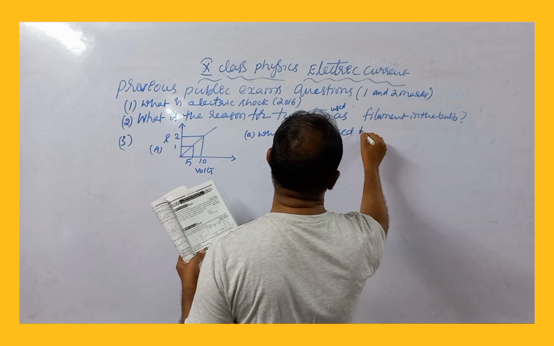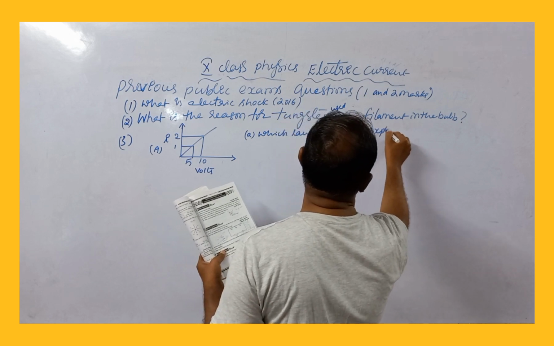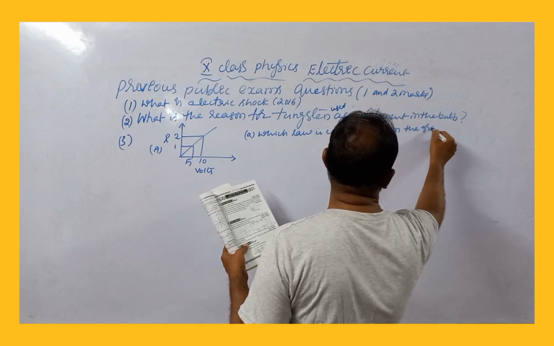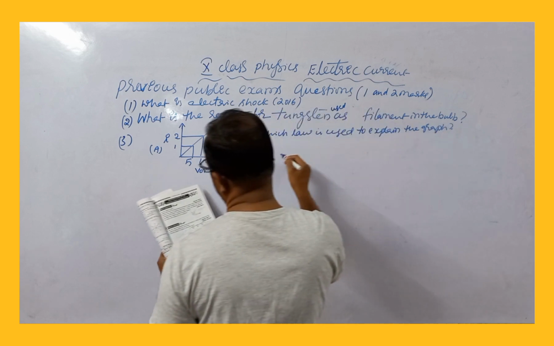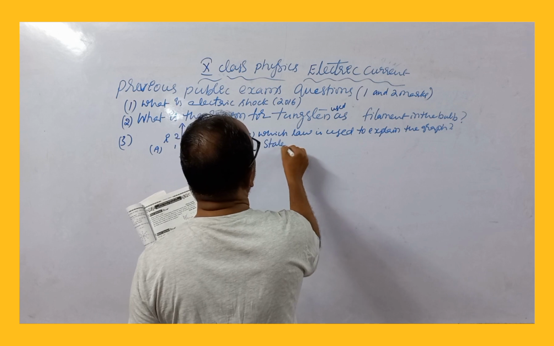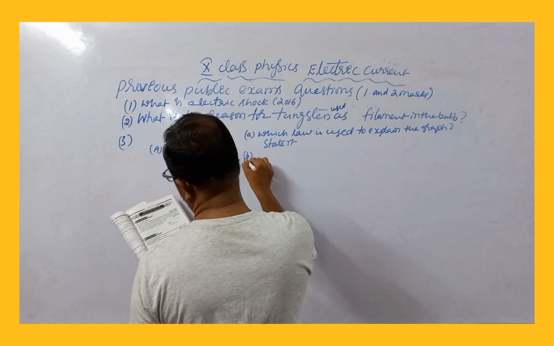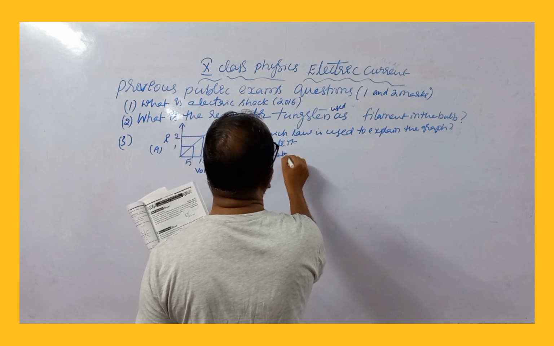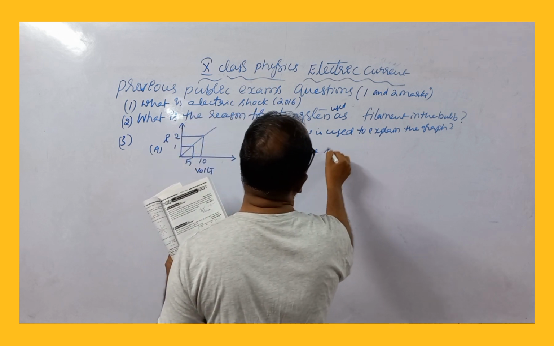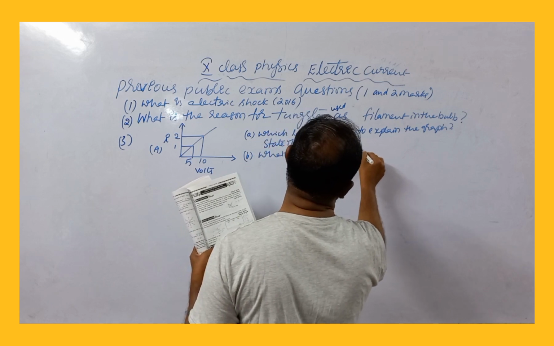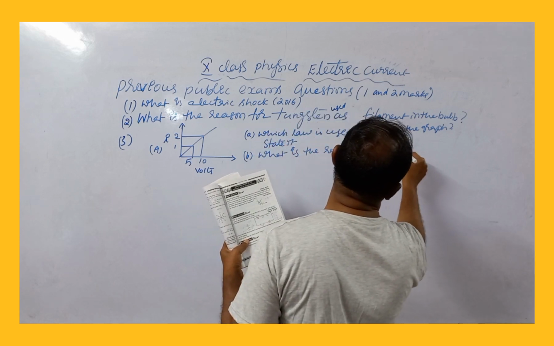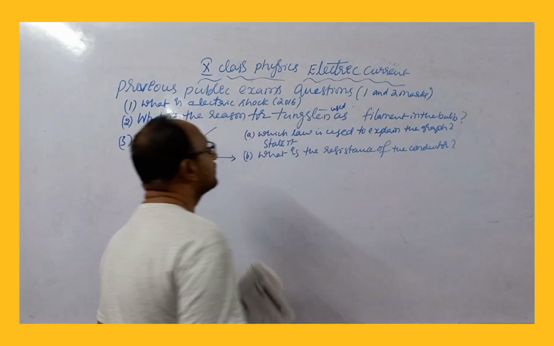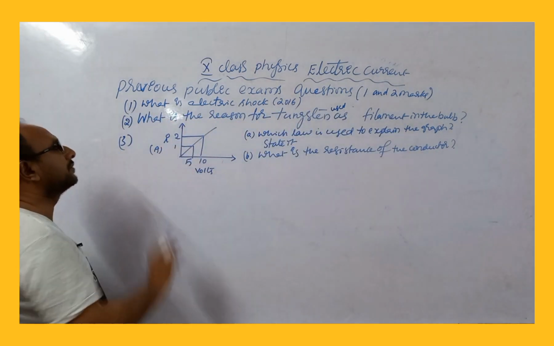And question number B: what is the resistance of the conductor? So these two questions we want to answer from this graph.